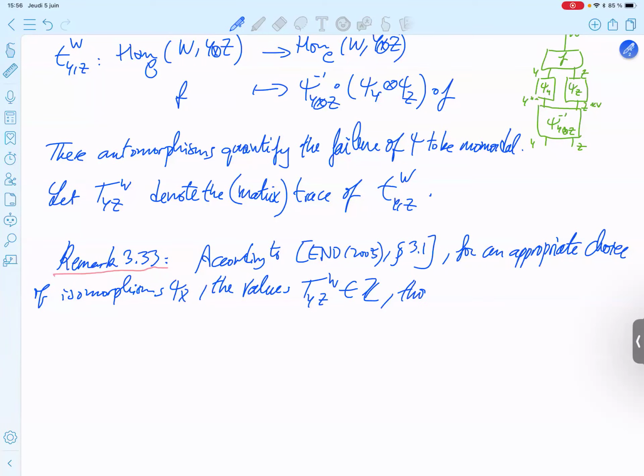But we will not need that. This fact will not be needed here.